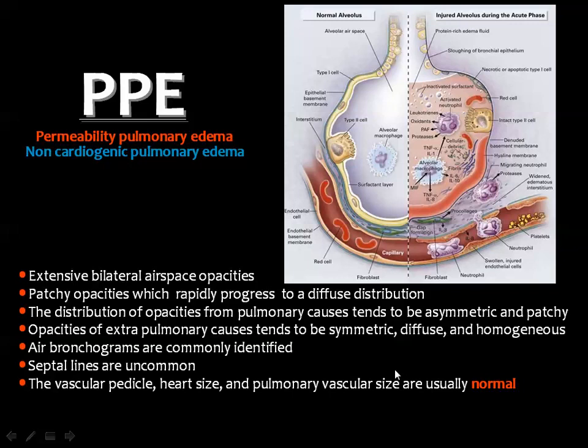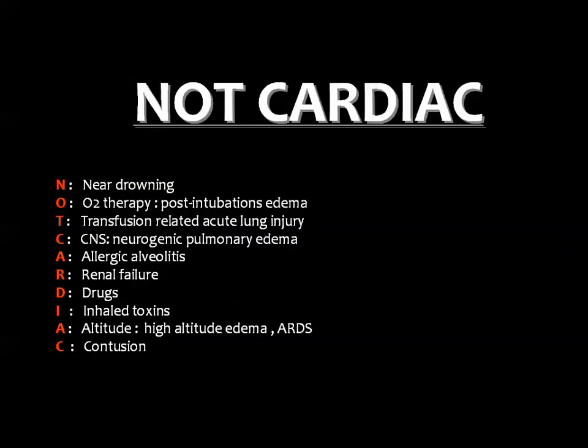The air bronchogram is commonly seen. Septal lines are not common. The vascular pedicle, the heart size, and the pulmonary vasculature are usually normal.